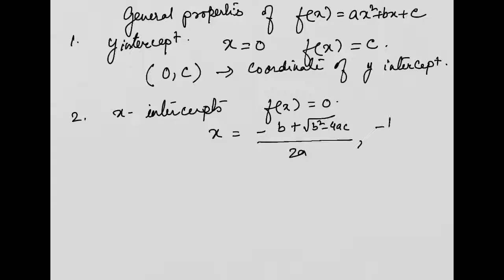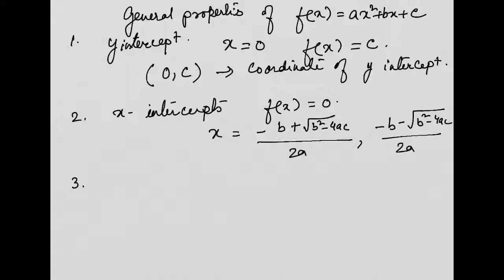This means my x-axis is intersected at these 2 points by my function ax square plus bx plus c. So, the coordinates would be these and 0, as y is 0 on the x-axis.